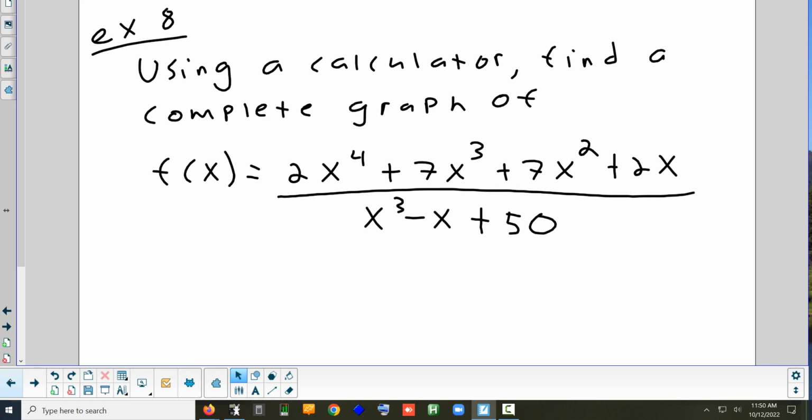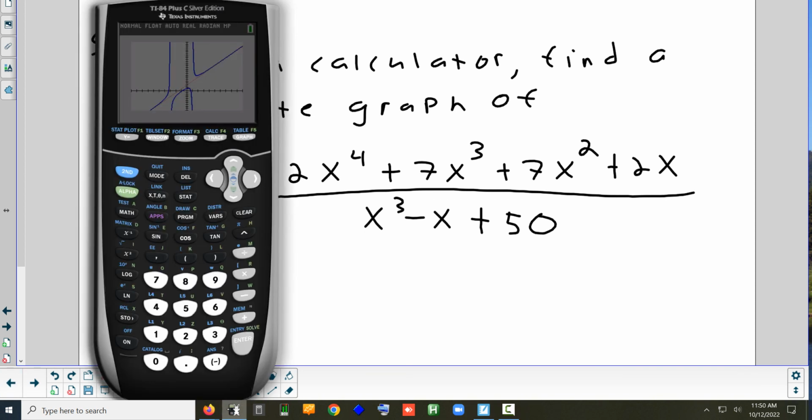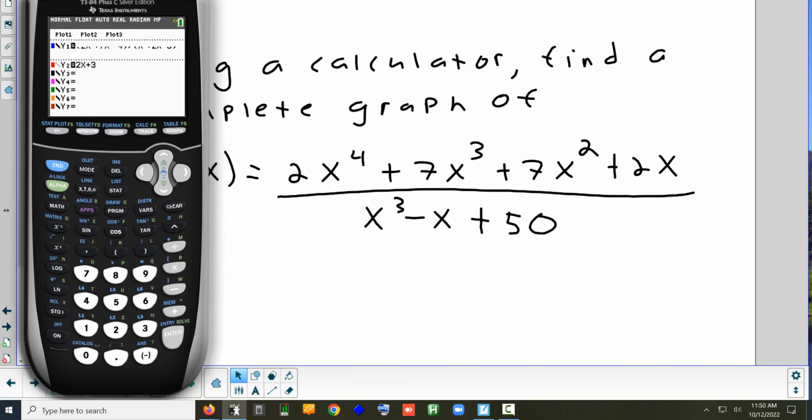Good. Last one. So this is just to use a graphing calculator to sketch them. I just want to sketch it, and I want to make sure I understand what I'm looking at, especially anything that might be hidden. Okay, so let's keep that in mind. So we've got, in parentheses, 2x to the 4th plus 7x cubed, 7x squared, plus 2x.